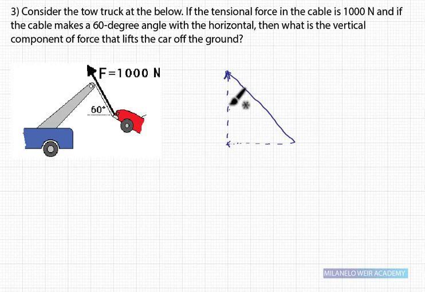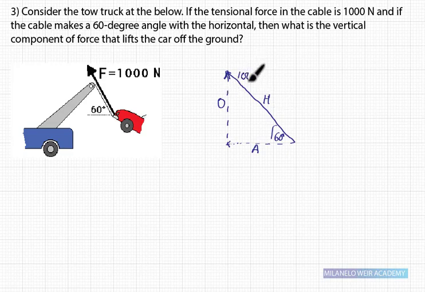Then the angle here is 60 degrees. So this is the hypotenuse, this is the adjacent side, and this is the opposite side.